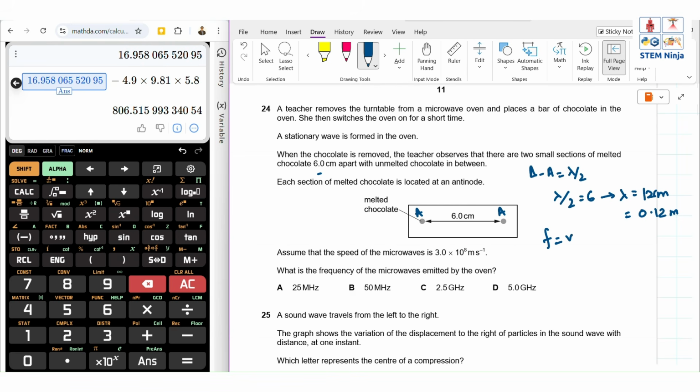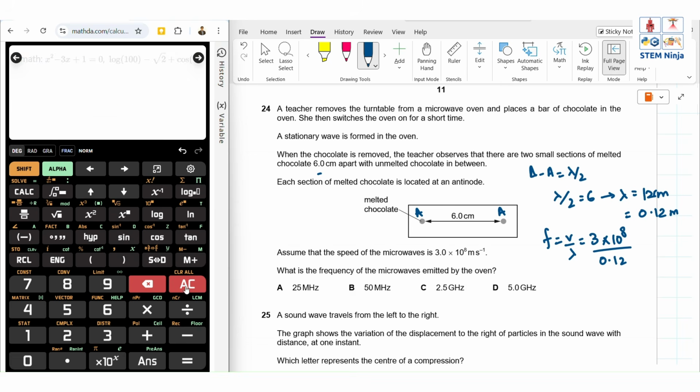So frequency is v over lambda. v is 3 times 10 raised to power 8 divided by 0.12. This is 2.5 times 10 raised to power 9. This is the gigahertz.